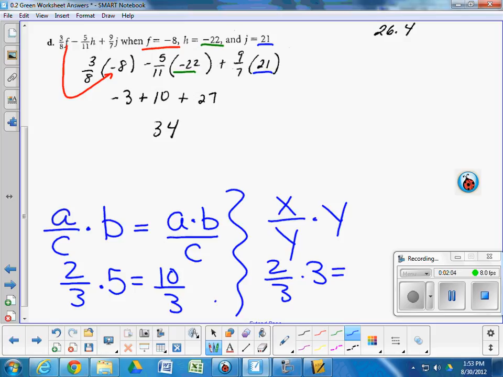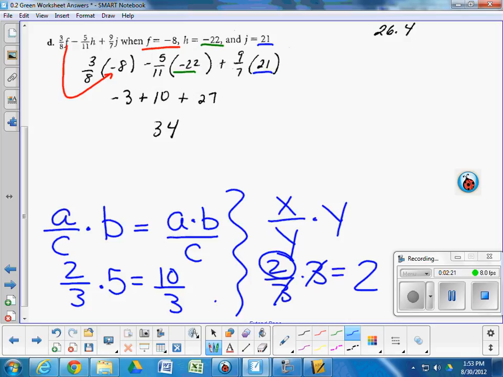So the answer would be 2. 2/3 of 3 is 2. It's true. The quick way is to say these 3's cancel, and I just have a lonely 2. All right? Either way is fine.